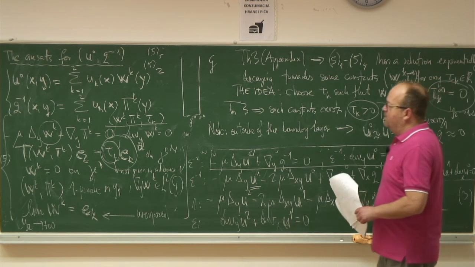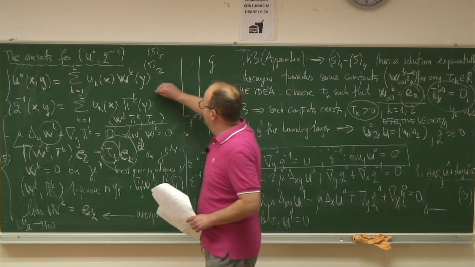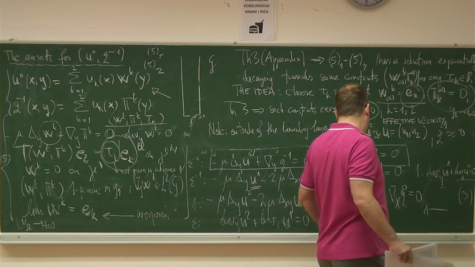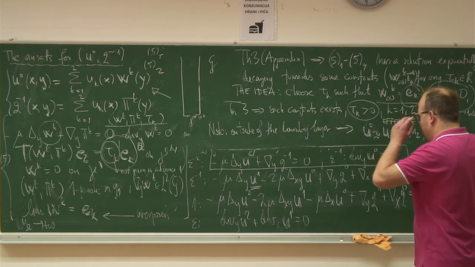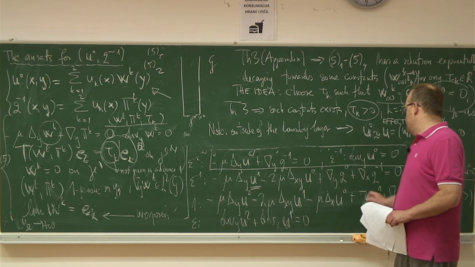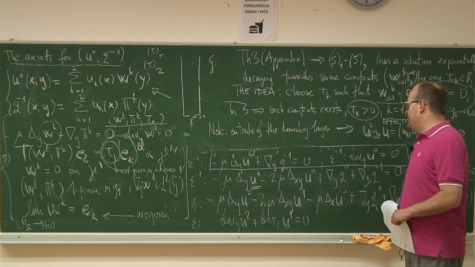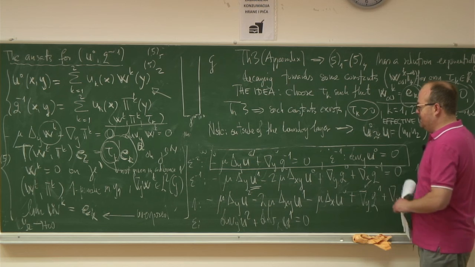Okay, now we know how the solution for U0 and Q_{-1} is given. Now we have to compute this one, because it is given in this expression.